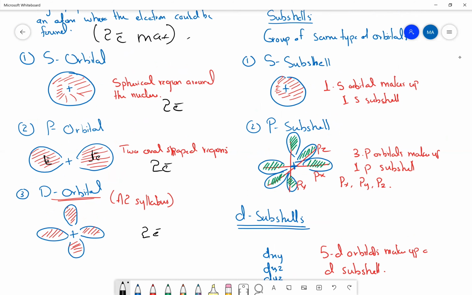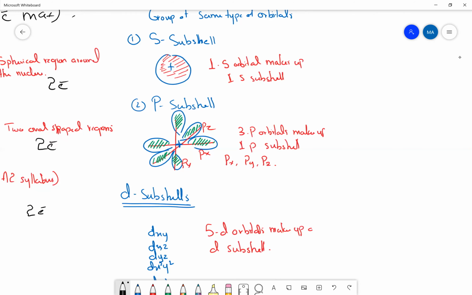Now for the subshells, the electrons multiply depending on the number of orbitals that make up a subshell. In an s subshell, there is only one s orbital, so the number of electrons in an s subshell will also be 2. But if you look at a p subshell, there are a total of 3 p orbitals, and one p orbital has 2 electrons.